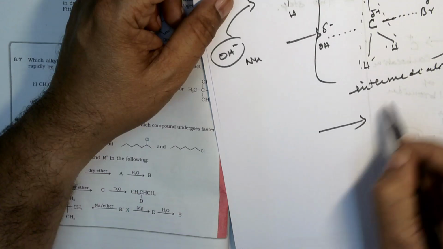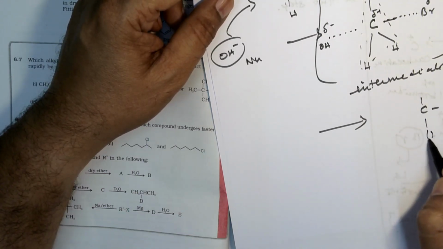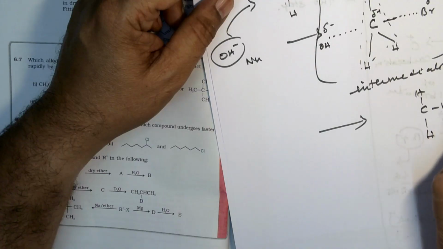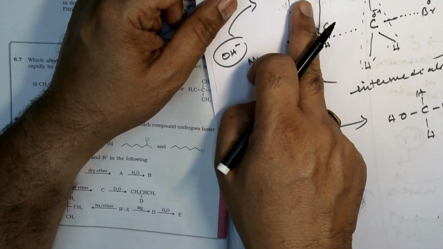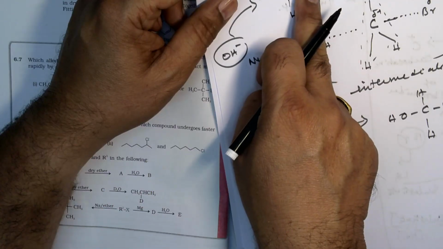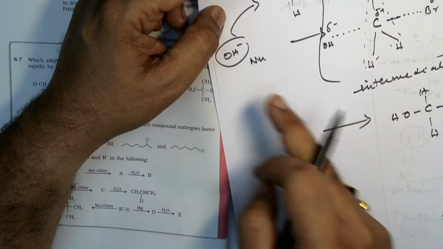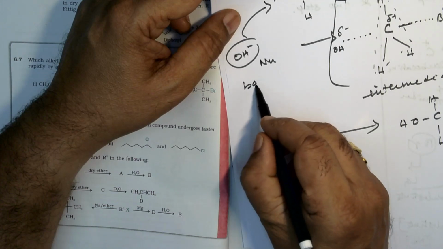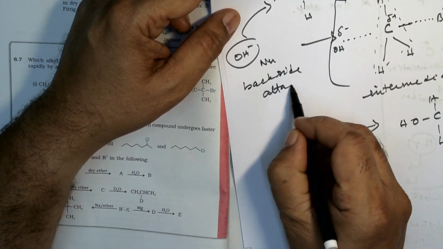And immediately after the release of this one, it now forms H, H, H, and on this side OH. You can find the change of geometry here. For example, the leaving group Br is on the right side, and here OH is on the left side. So that is why it is called backside attack of the nucleophile.